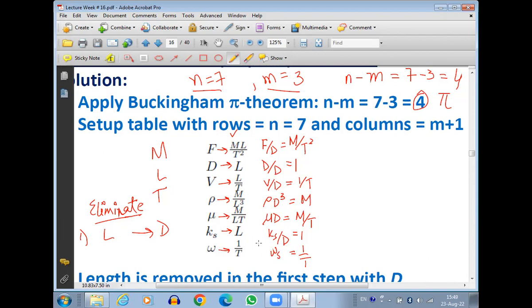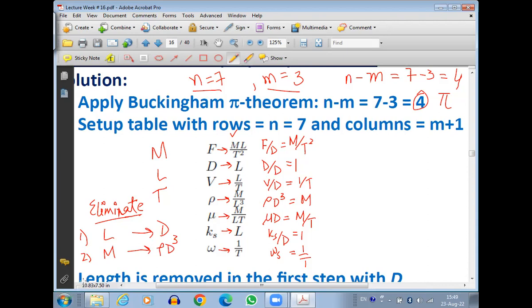Now let's move over to the second step. Now we need to eliminate another basic dimension. Look here, we have M by T square, 1 by T, M by T, 1 by T. M is the simplest one, so let's eliminate M. Whenever I have to eliminate M, I'm going to represent M as rho D cube.